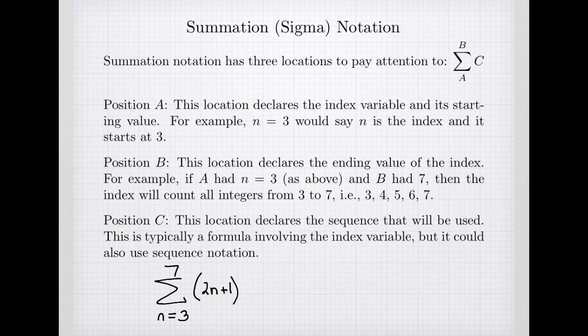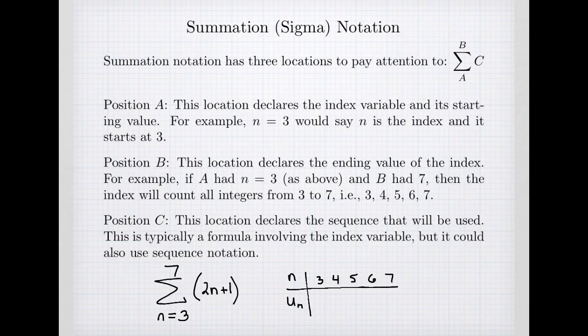Okay, so as I look at this, the 3 parts: I declare my index variable n, I say I start at 3, and I'm going to go until my index equals 7. So I look at my sequence, index n, formula, and I'm interested in the values 3, 4, 5, 6, and 7.